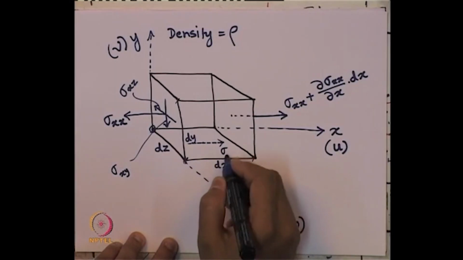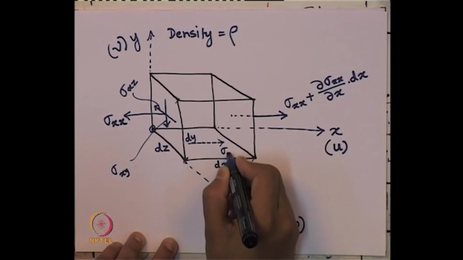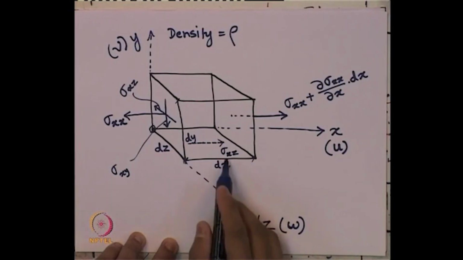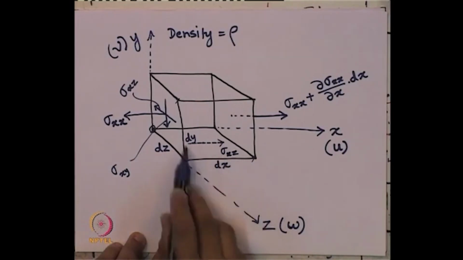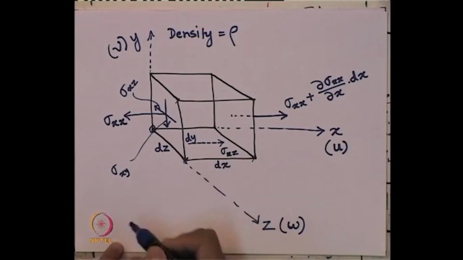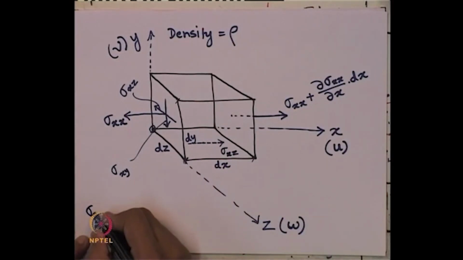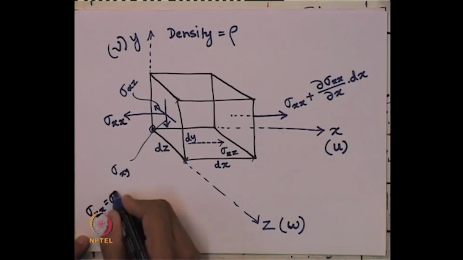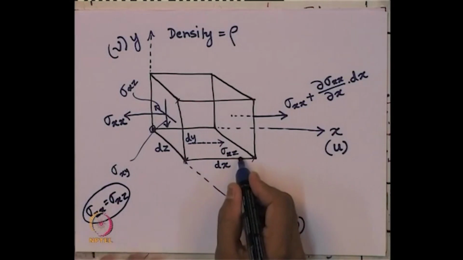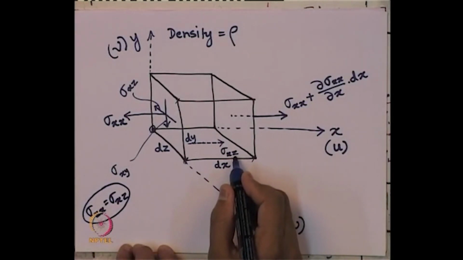So, it will be z x. If we can write the same notation as we have mentioned, x z also we can write. Am I right? So, it is basically sigma z in x direction. So, z x, as we know sigma z x equals sigma x z, that is why we could write this as sigma x z, remember that.